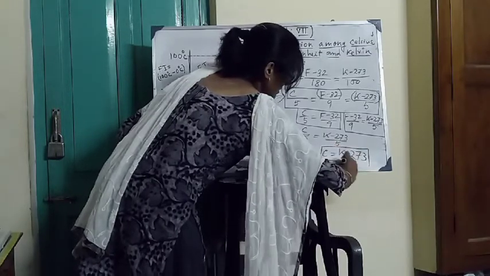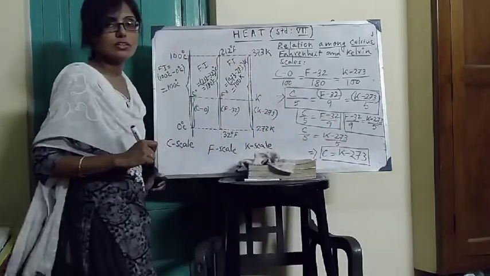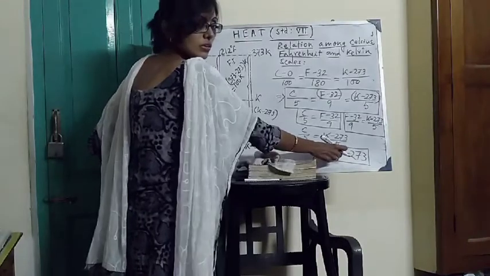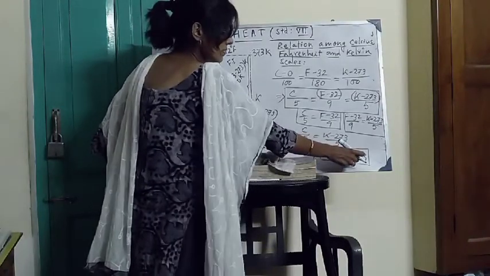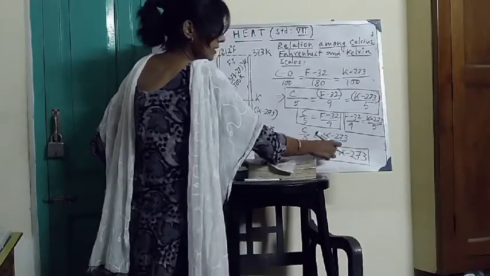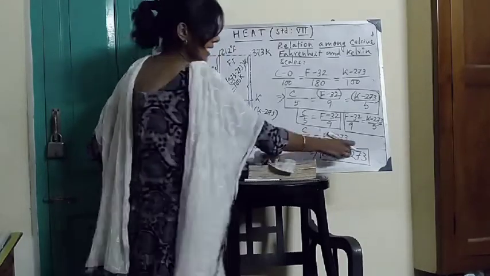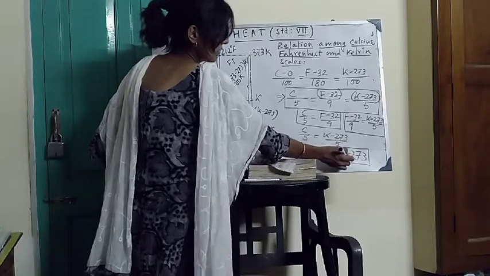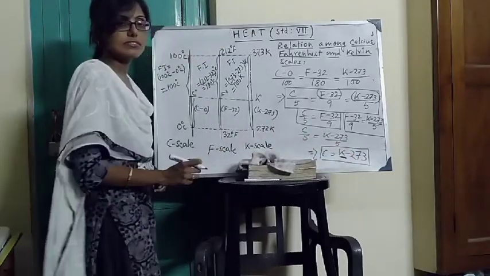This is the required relation between Celsius and Kelvin scale. So, if a temperature in Celsius scale is given, we can add 273 to it, and we can find the value of the temperature in the Kelvin scale.